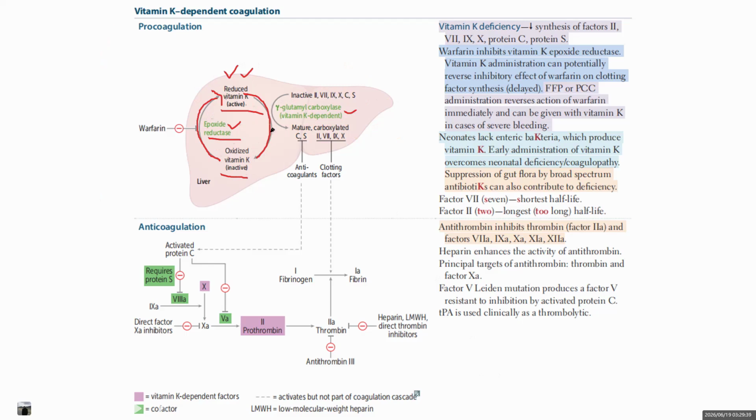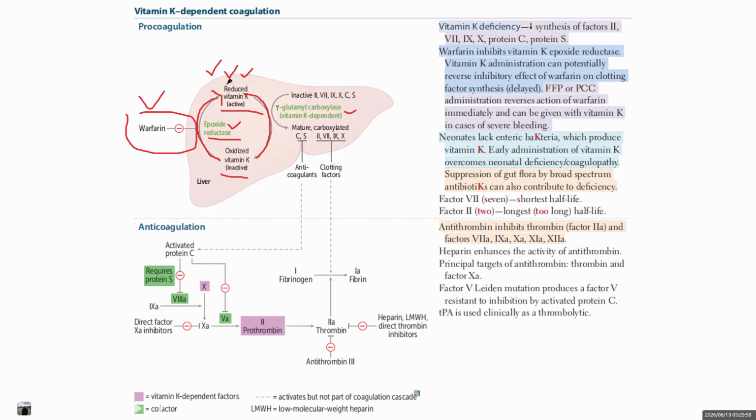One major concept you have to remember is about warfarin therapy. Whenever we give warfarin therapy, warfarin prevents vitamin K from being recycled back into its active form, right? And what does that mean?